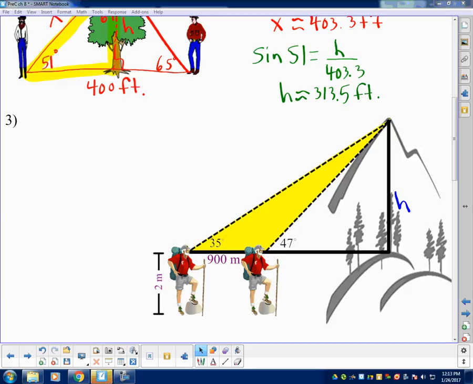If I can find, for example, this length right here, this dashed line, that would then be the hypotenuse of this right triangle on the right. So is there a way I could figure out the length of this dashed line right here?